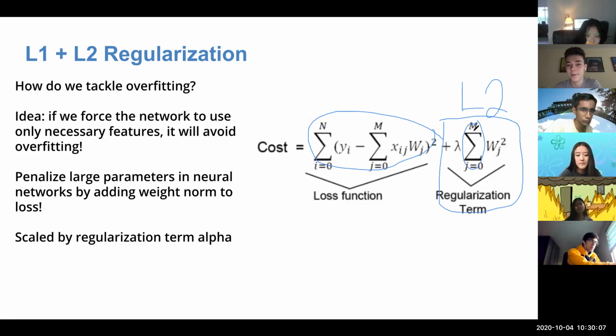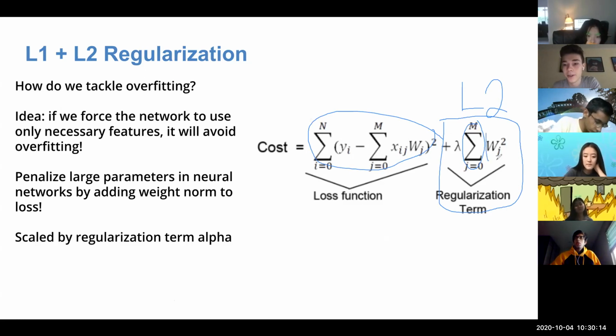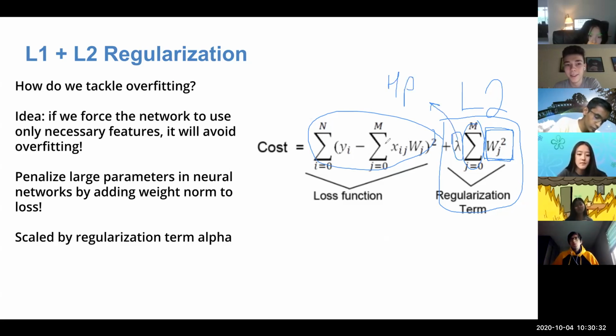I don't know what M is, but I think it looks at every weight in your neural network, squares it and sums it up. So if your neural network has like 10 weights, it's going to get the squared sum of all of these weights, multiply the sum by a parameter lambda, which is a hyperparameter. I'll just write HP, and add it to your loss function.